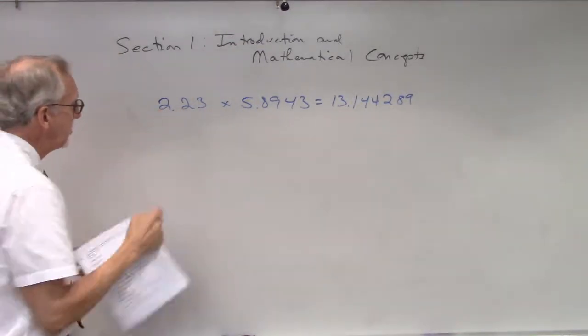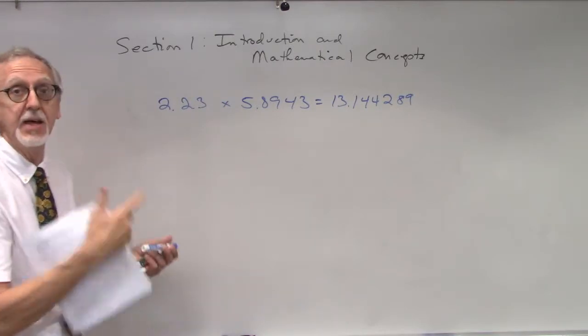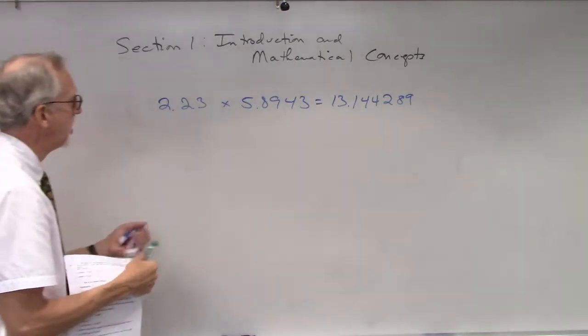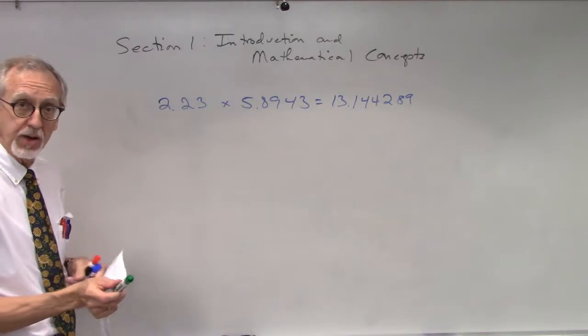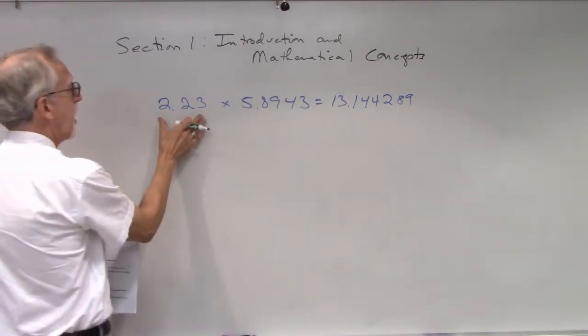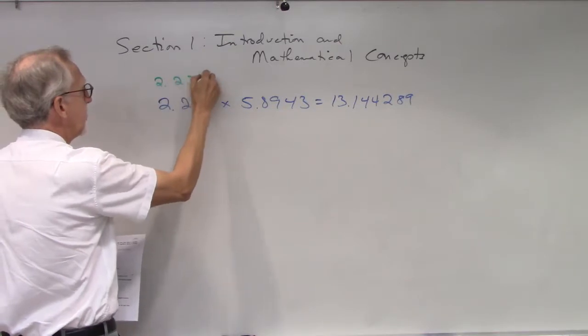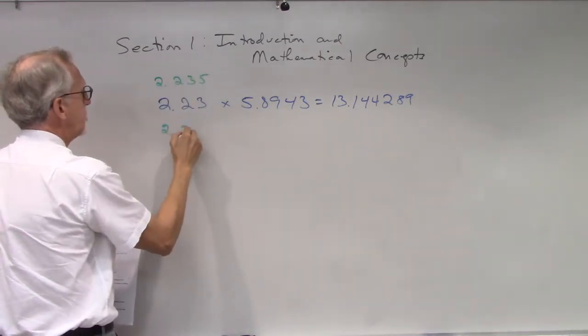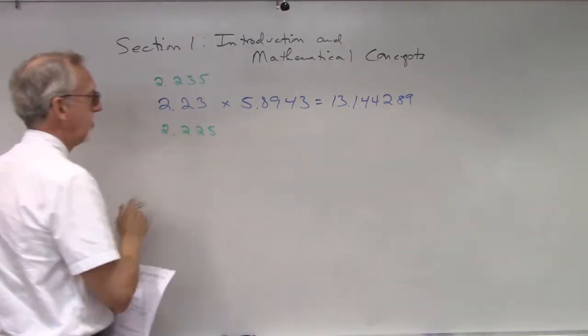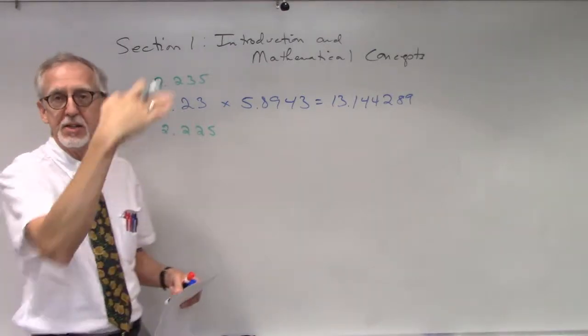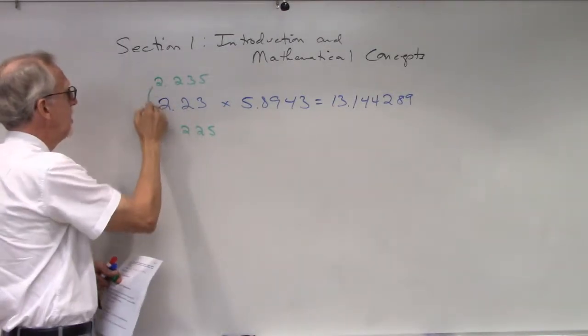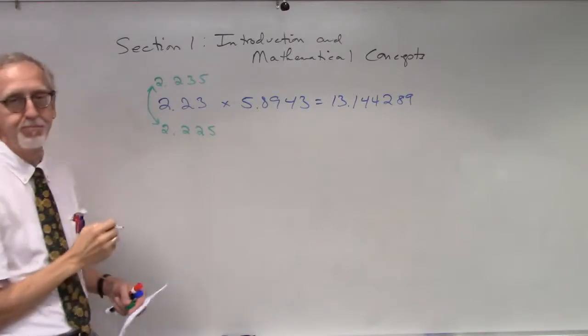If we've got this number 2.23, in terms of what we have said before, we are saying that that is a quantity that really is probably somewhere between 2.225 and 2.235. We're really saying that that number is probably somewhere in between this range.